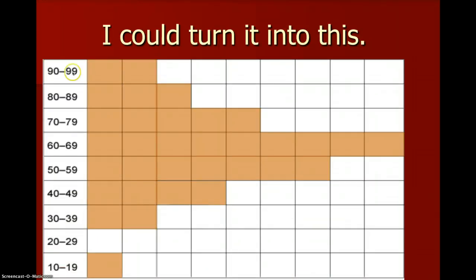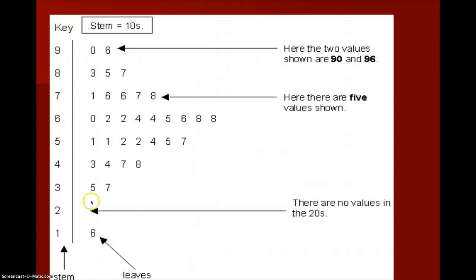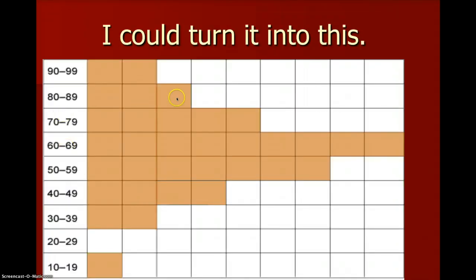We don't know specifically what numbers were in this 90 to 99 range like we did here, nor do we know what numbers were in the 80 to 89 range. We just have a group like this.